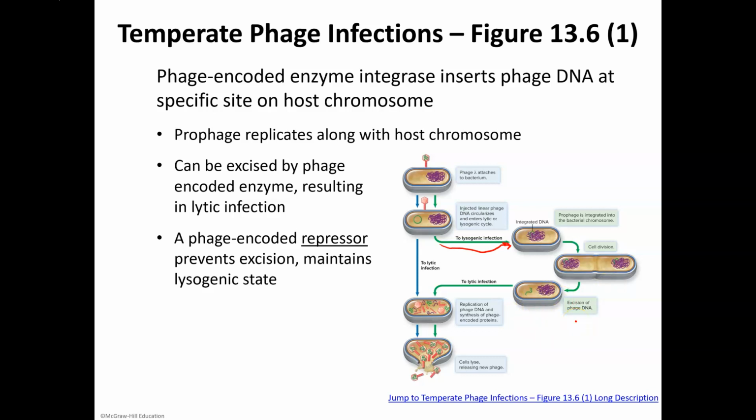Now, if something happens, that prophage can excise itself out of the DNA, and then it can undergo replication in the lytic cycle and assembly and death of the cell.